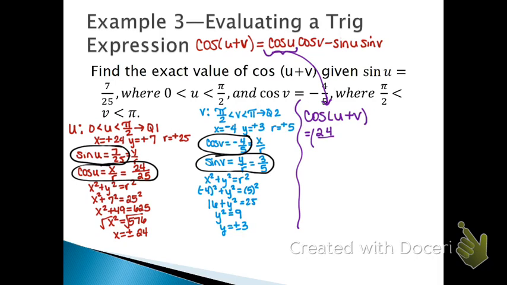Good, 24 over 25, yeah, times cosine of v, which is negative 4 over 5, minus sine of u, which is 7 over 25, times sine of v, which is 3 over 5.